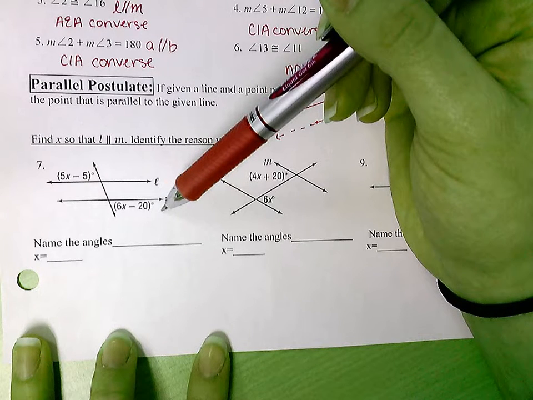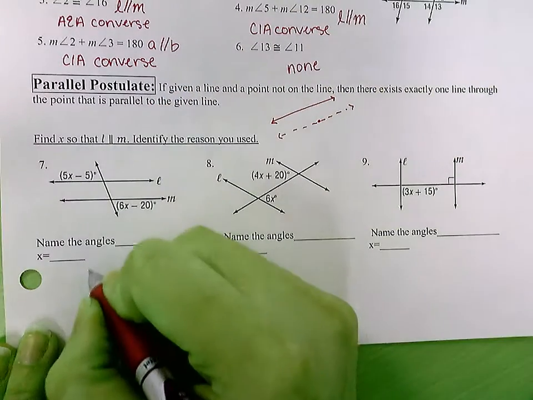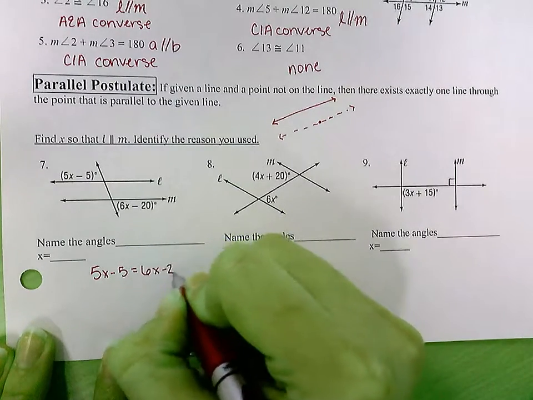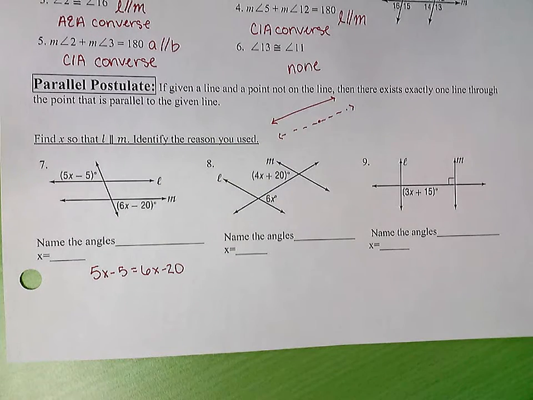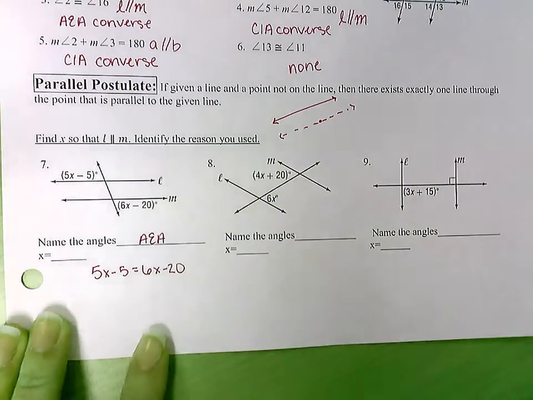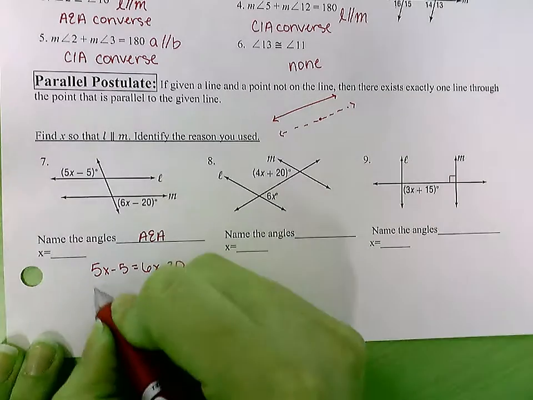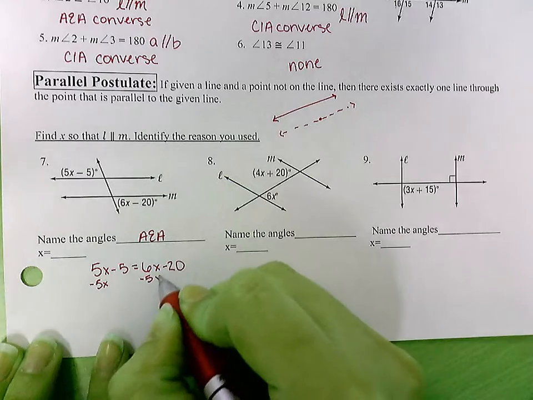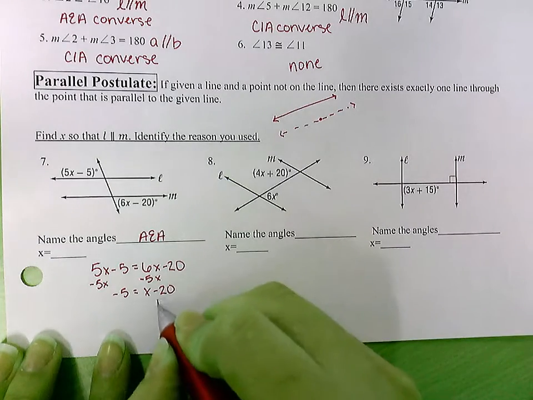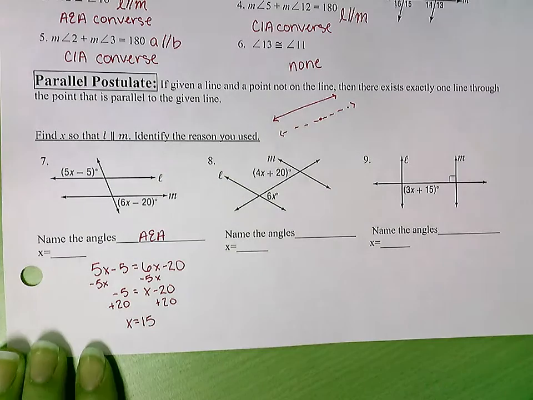If they're alternate exterior angles, these two angles would be equal. That's why I set them equal. So now I can subtract 5x from both sides and add 20. Good job. X will equal 15.